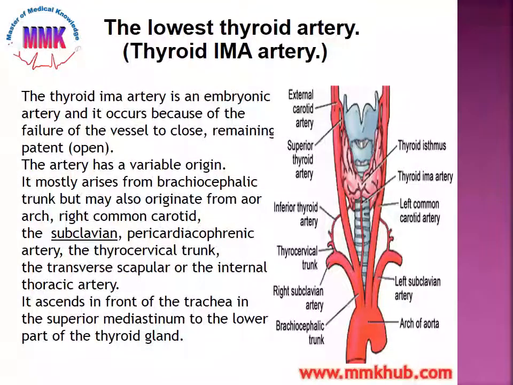The lowest thyroid artery, which is also called the thyroid ima artery, is an embryonic artery and it occurs because of the failure of the vessel to close and remain patent. The artery has a variable origin.